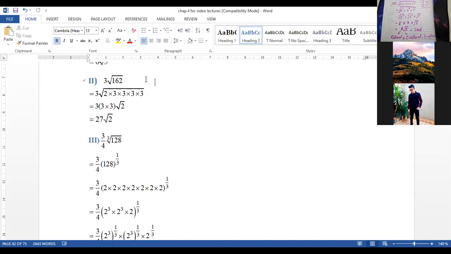Right? So if I just highlight right here, you can see that this is 162, and it is converted into multiples of prime numbers.